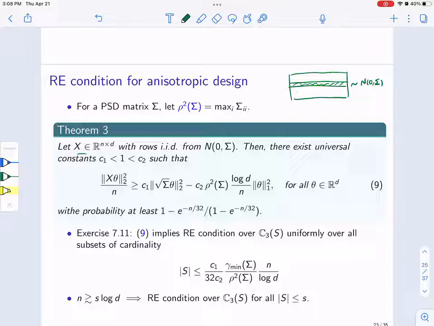It could cover the identity as well, but the nice thing is that it also covers non-identity. Then there exist constants C1 and C2 such that this inequality holds for all theta with probability this much. The significance is that this is a uniform result: there's an event with high probability on which this inequality holds for all theta.